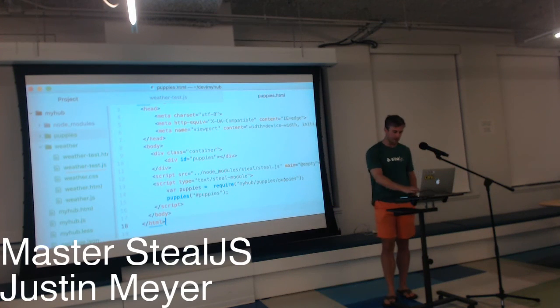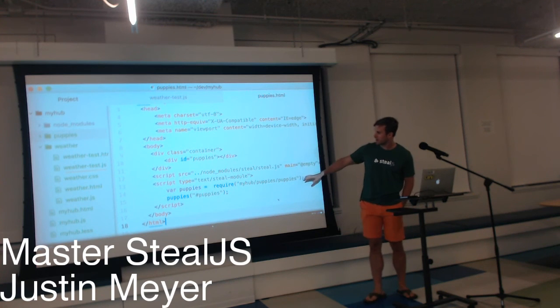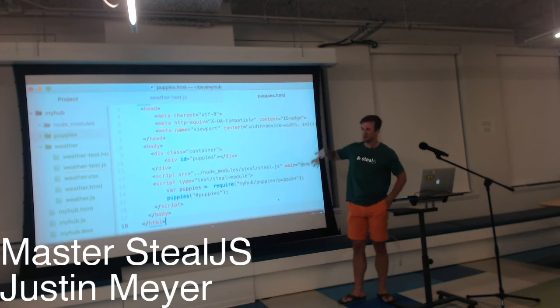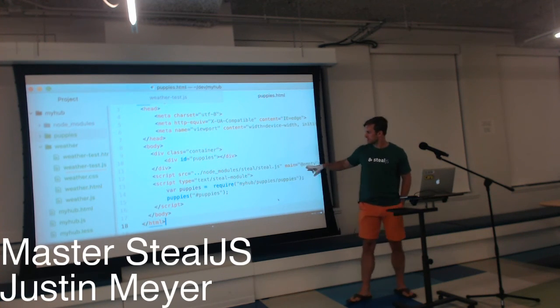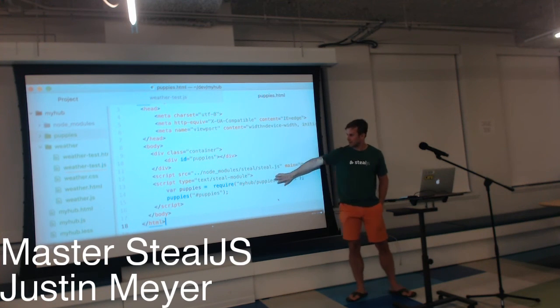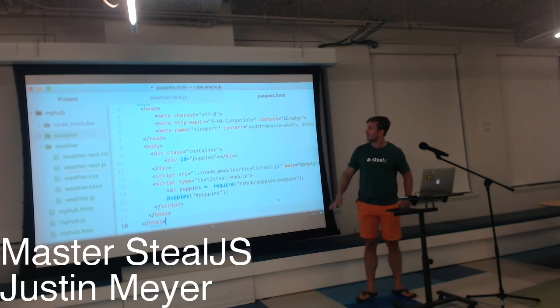Again, same pattern as before. Exact same pattern, except this time I'm using CommonJS instead of ES6. You can mix those in a single app, no problem. Again, loading Steal, saying, hey, don't load the default module. Instead, I'm going to manually import what I want and set things up.